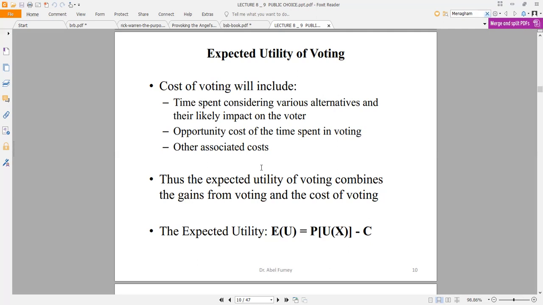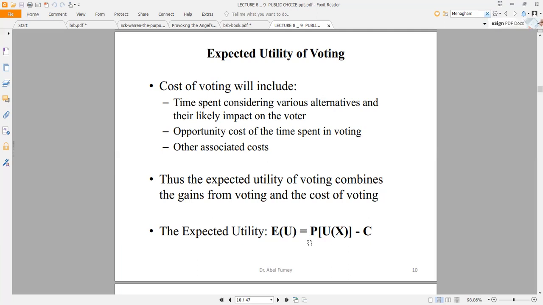Now, if you want to find the expected utility from voting, then this voter will have to combine the benefit or the gains that you get from voting, and then you consider the cost of voting as well. So the expected utility from voting is equal to P times the utility that you get from that particular policy, X. Now just remember P, this probability here, is the probability that your vote is actually going to be decisive.